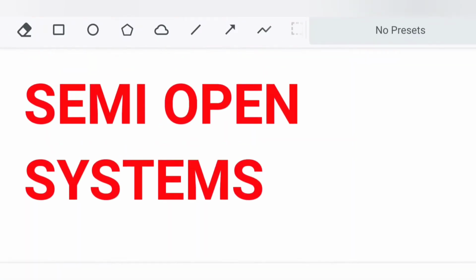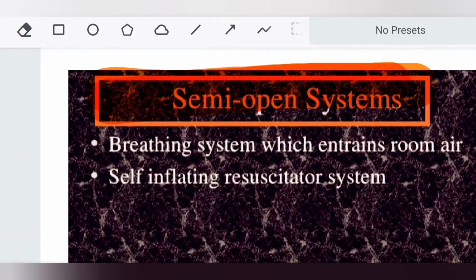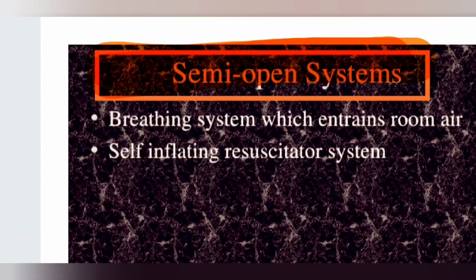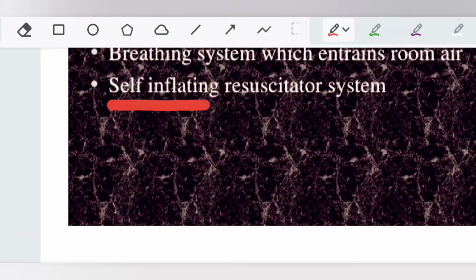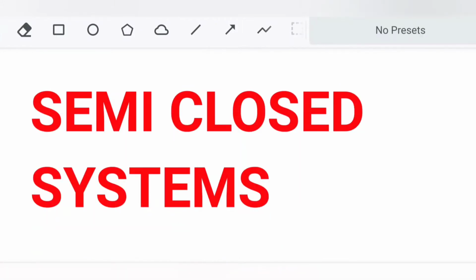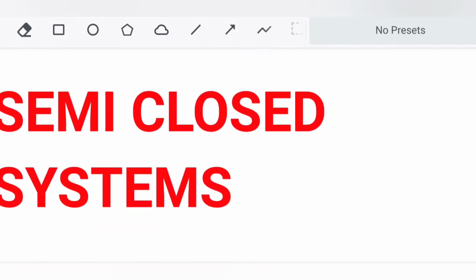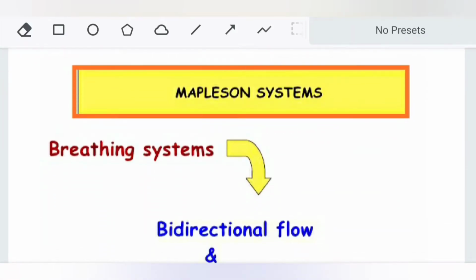Semi-open systems are breathing systems which utilize room air and have a self-inflating resuscitative system. Let's see the semi-closed system. This is our main area of interest. Under the semi-closed system fall the Mapelson systems.